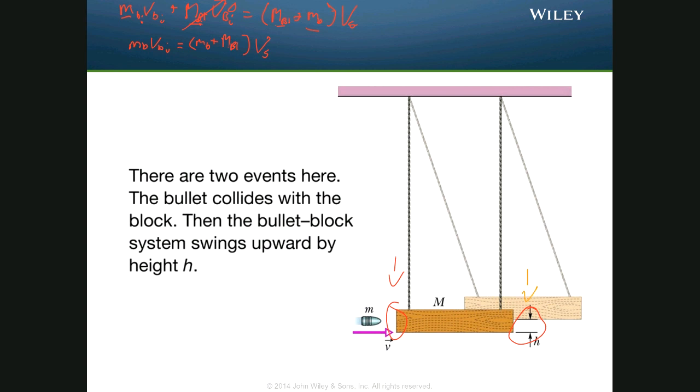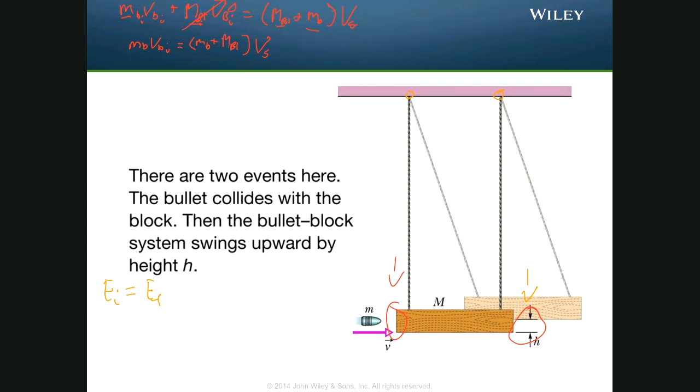In event 2, once the block is moving, assuming there's very light friction here, and given the time at which this is happening, the friction won't contribute much at the hinges. We can look at this as a conservation problem, because the only force that's acting after the collision, so the collision's done now, is gravity.